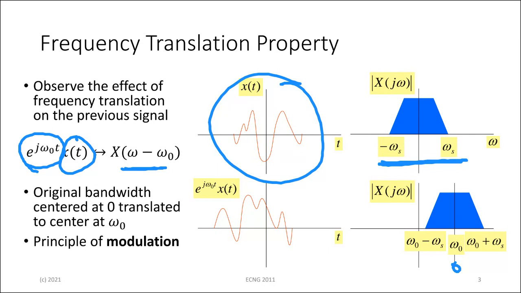Right, exactly right. So what are you doing? We are shifting the spectrum, which was originally centered around omega 0, the DC value. If I multiply the signal in time by e to the j omega 0 t, then the spectrum is now centered upon omega 0.